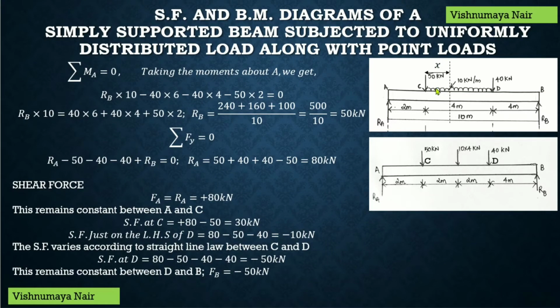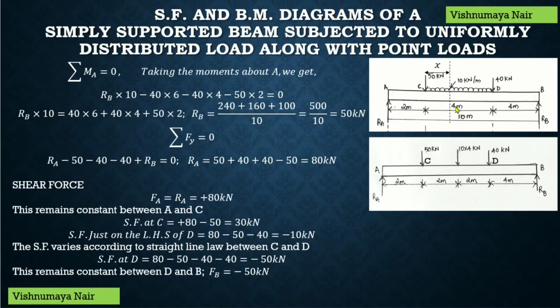So the point load will be equal to 10x acting in the downward direction. Therefore, the shear force at this section will be equal to Ra minus 50 minus 10x. Ra is 80 kilonewton. So 80 minus 50 minus 10x will be equal to 30 minus 10x. Therefore, the shear force at this section will be equal to 30 minus 10x.